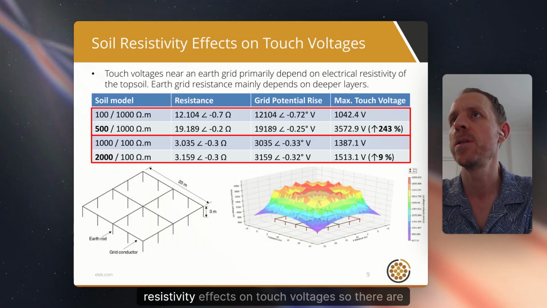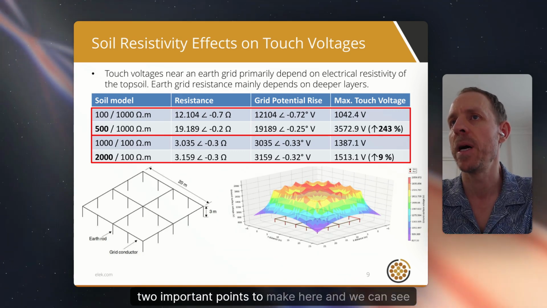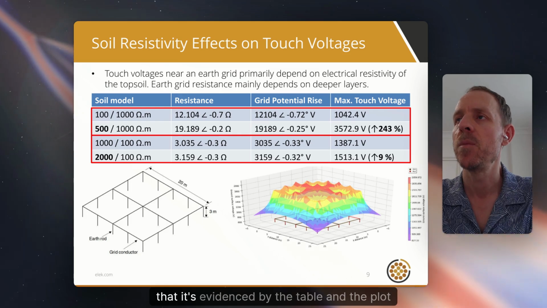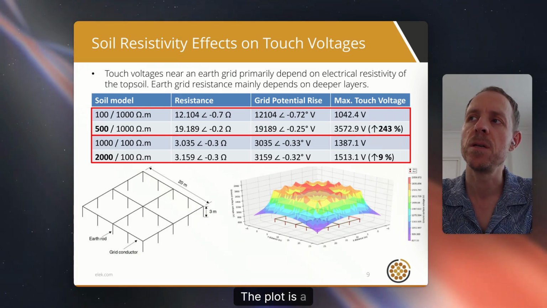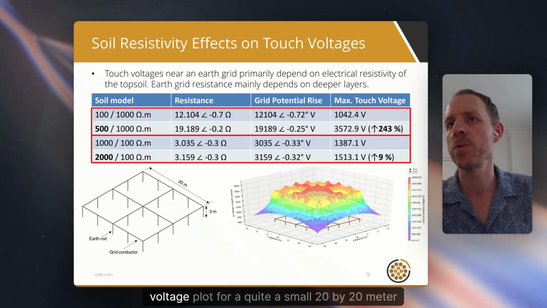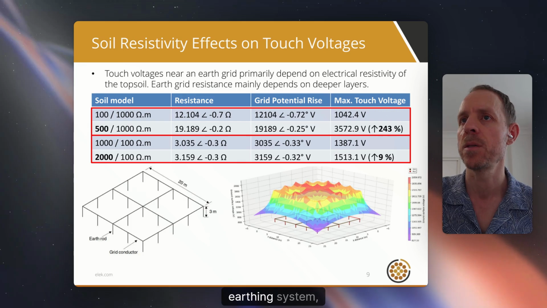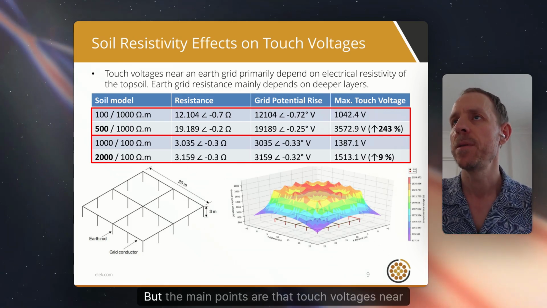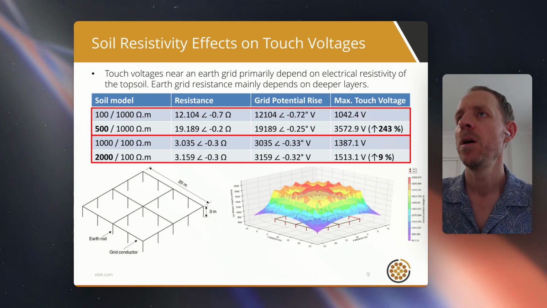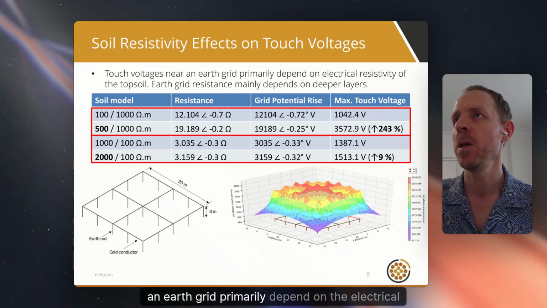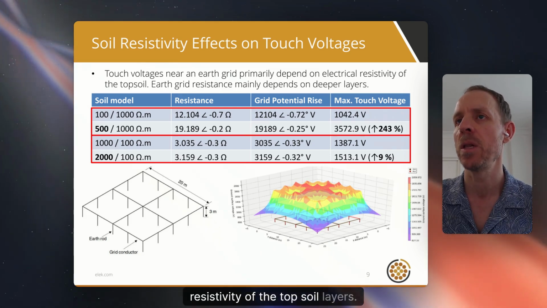Soil resistivity effects on touch voltages. There are two important points to make here, and we can see that it's evidenced by the table and the plot here. The plot is a surface voltage plot for quite a small 20 by 20 meter buried earthing system. But the main points are that touch voltages near an earth grid primarily depend on the electrical resistivity of the top soil layers.